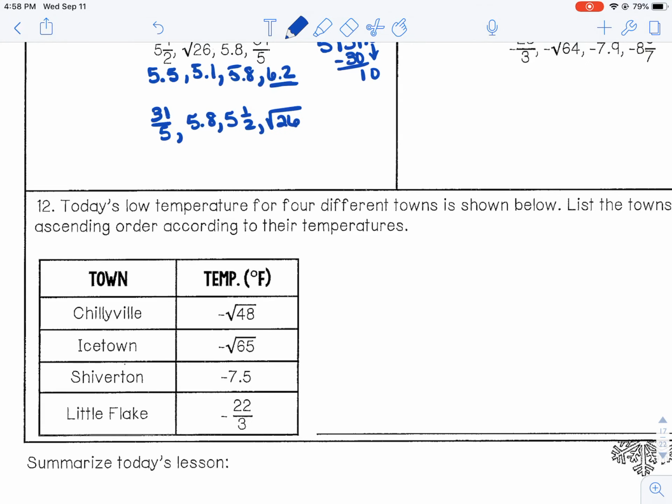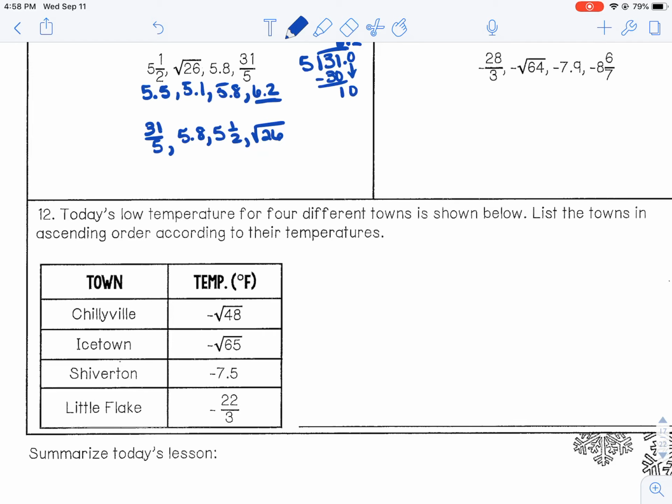Then you may have some questions where they're giving you different temperatures or different depth levels of the ocean or something like that. So here we're given different temperatures of towns, and we're going to write them in ascending order according to their temperature, so smallest to largest.